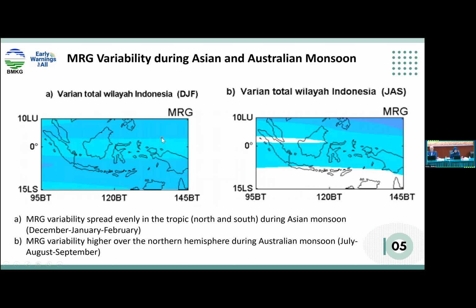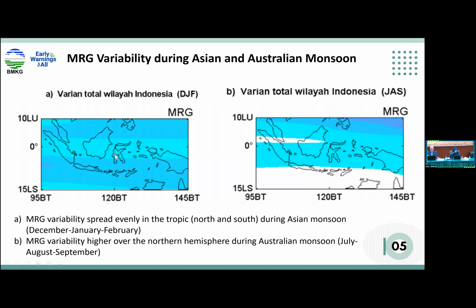And this is the result: MRG variability during the ASEAN and Australian monsoon in Indonesia. I'm sorry, my research is only focused on Indonesia, but I hope that it can give you a good example to identify the MRG characteristics in other regions.